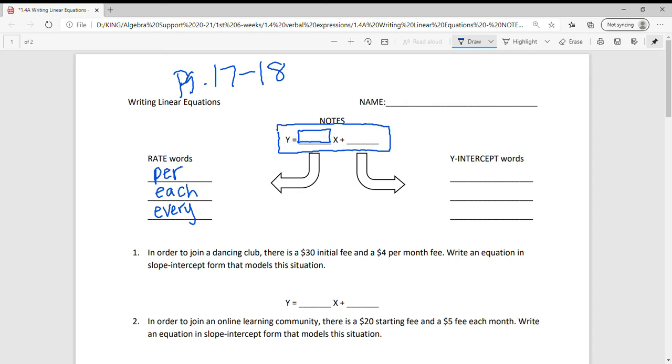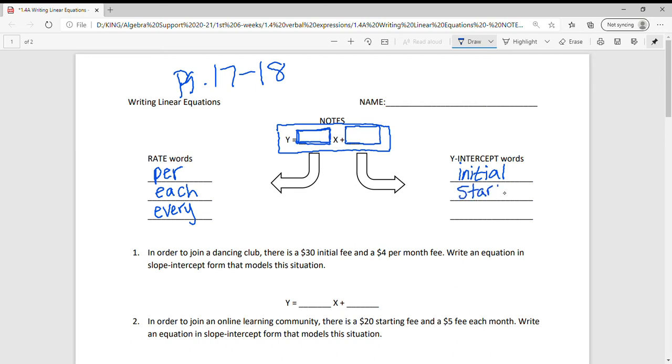So whatever number is used with our rate words is going to go right here. The other words we're looking for are called our y-intercept words. That number will be over here by itself. So our three y-intercept words are initial, so initially we had the initial amount, something like that.